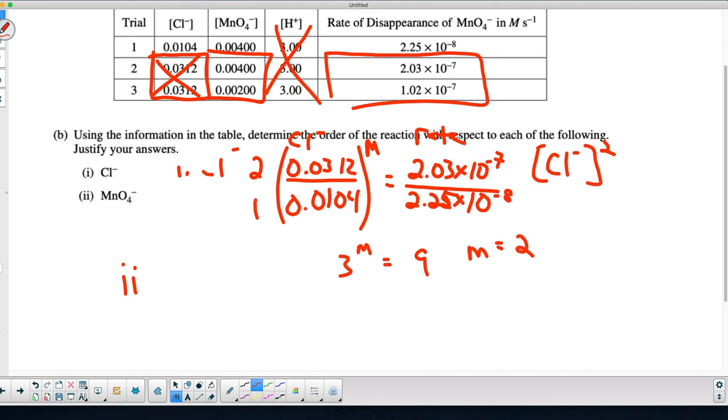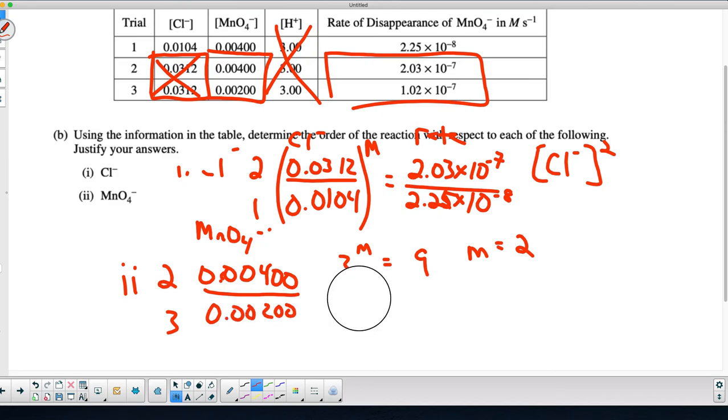Okay, so I'm going to take trials 2 and 3, and because 2 is higher than 3 for the concentration of MnO4, I'm going to keep trial 2 on top. And this is the MnO4 minus. And then I'm going to do trial 2 over trial 3, like this.